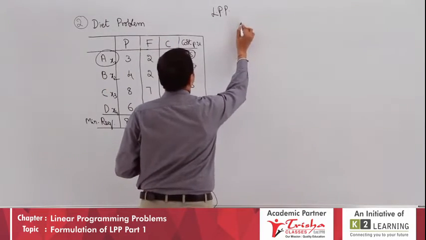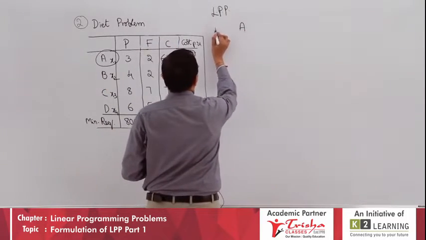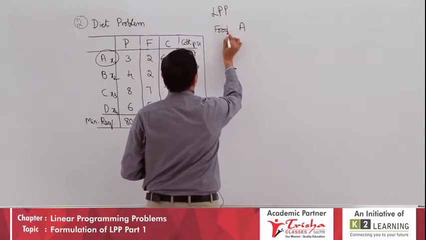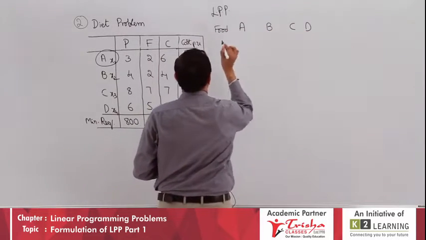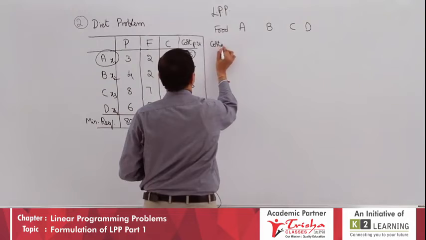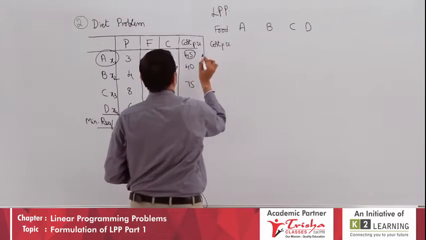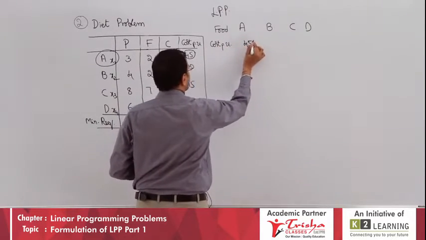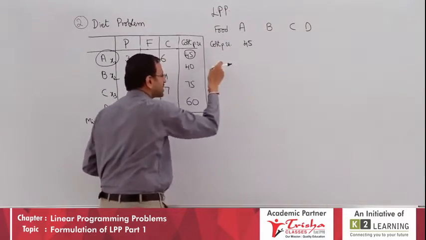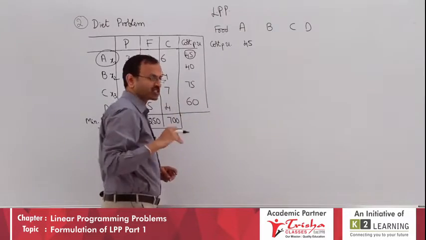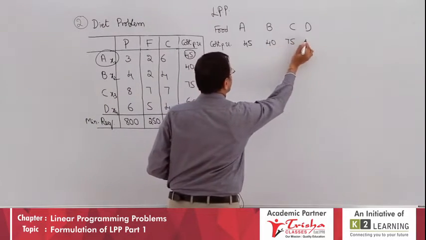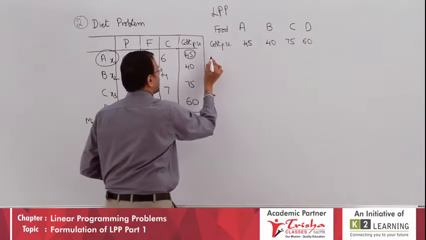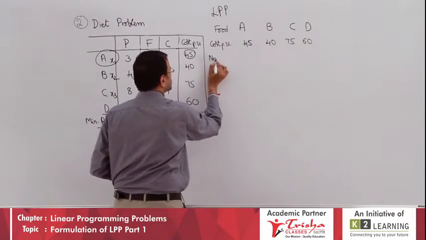So, we will write food product A, B, C, D here. Cost per unit we will write. Students, can you tell the cost per unit? It is 45. Always product here, ingredient this side, which I discussed in the last problem. So, 45, 40, 75, 60, this is given, and the number of units is not given.